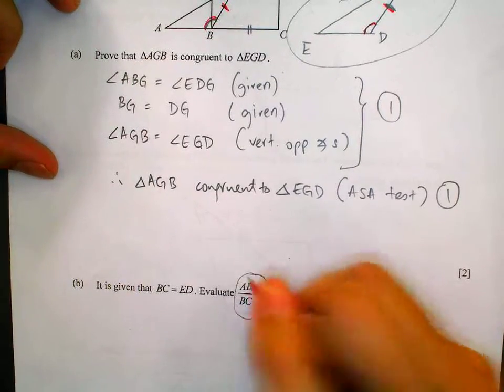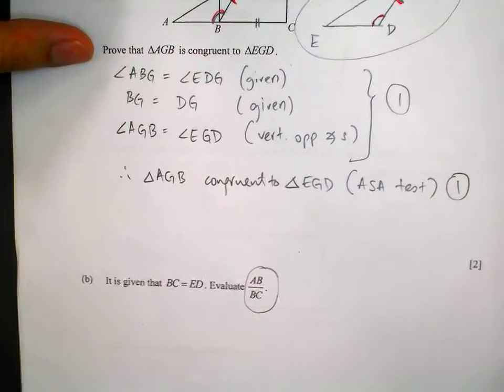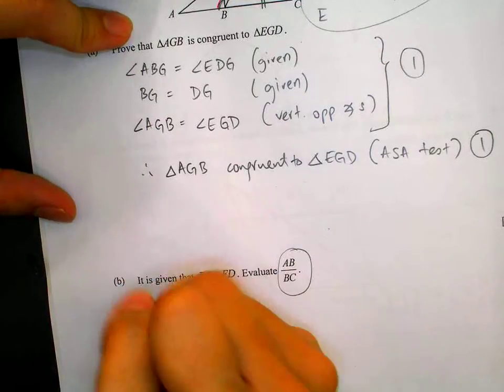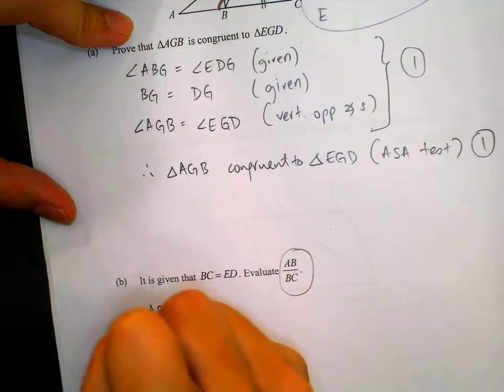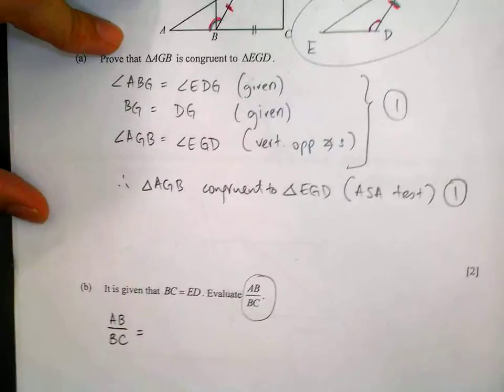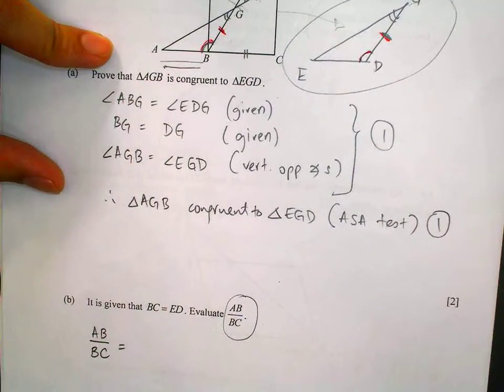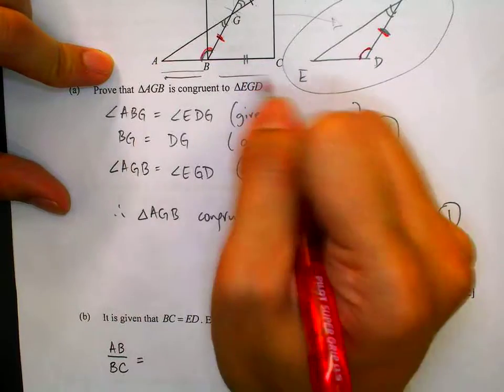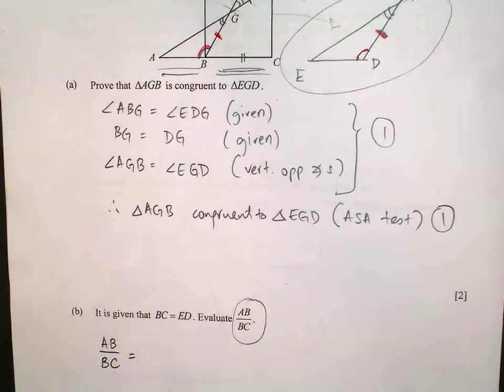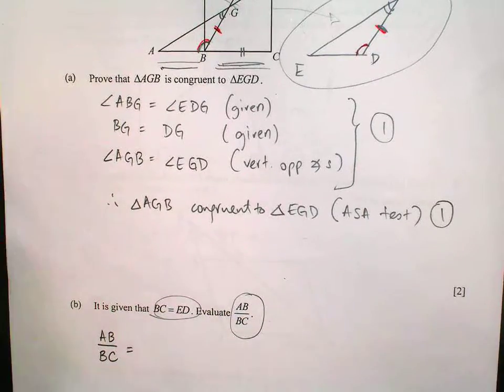Evaluate AB over BC. Interesting question. So right now, AB over BC. Where is my AB? AB is over here, and BC is over here. How am I supposed to do this? But take note that they tell me that BC is equal to ED.